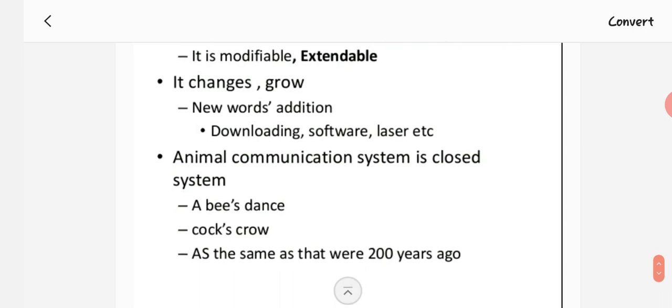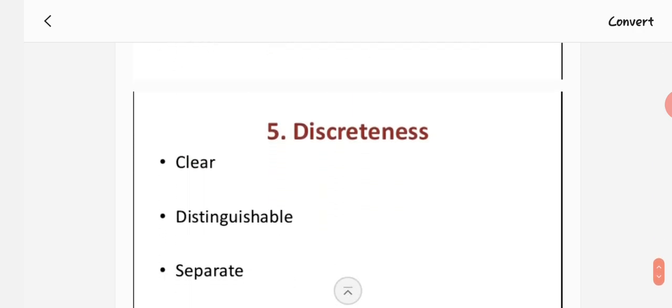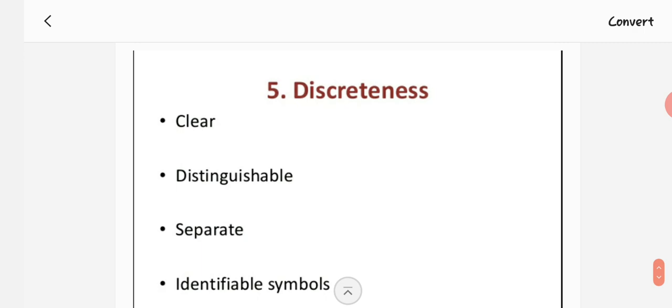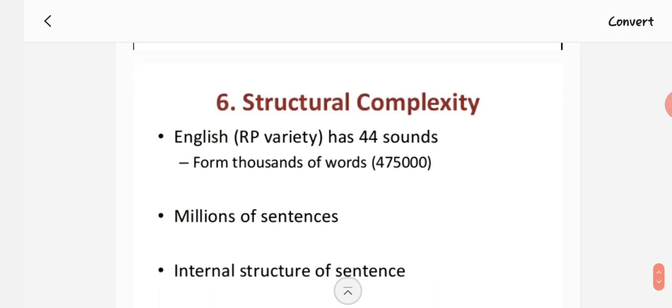So the same is the thing with animal language, they have a closed system, but human beings have an open system of language, while animal systems remain the same as they were 200 years ago. Animals are doing such things again and again, while human beings are having modifications. Language has discreteness in it. It has clear, distinguishable, separate and identifiable symbols.